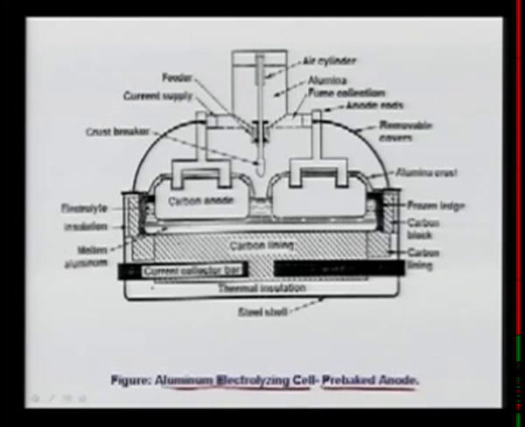First of all, this is the cell, which is made of a cast iron or steel shell, and then you pass the current through this. This is the thermal insulation, because we need constant heat here. The current is supplied, and let me go one by one. You see here, these are the anodes.